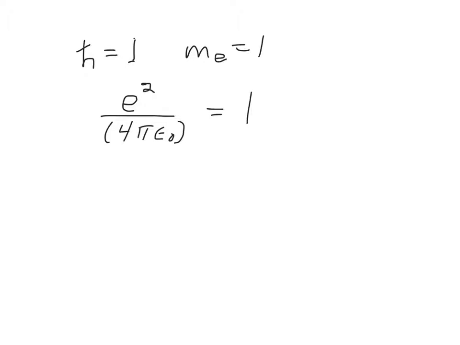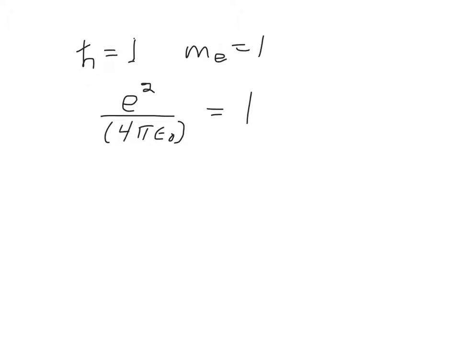It may not be obvious, but just believe me when I say it, that you can come up with a consistent set of units in which you can set these particular constants equal to 1. So to see how it simplifies things, let's go back and look at the formula for the potential energy in a hydrogen-like atom, a nucleus of charge Z, and an electron.